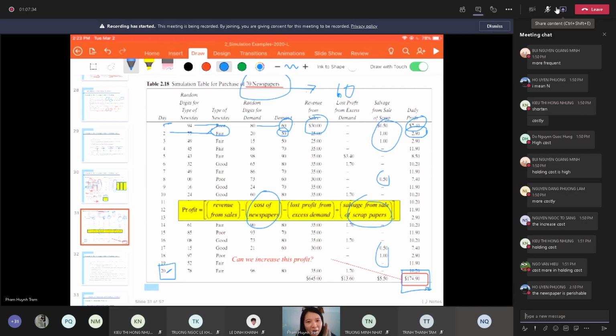If not, then we take a break, and then we will continue with the last example, a reliability problem in the factory.